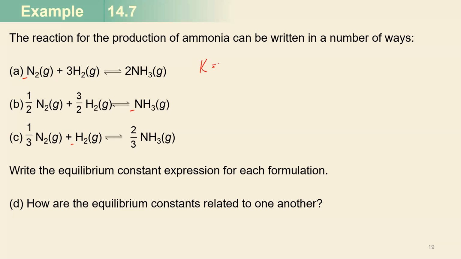If we do the math here, this K for A is equal to the concentration of NH3 squared divided by the concentration of N2 times the concentration of H2 cubed.